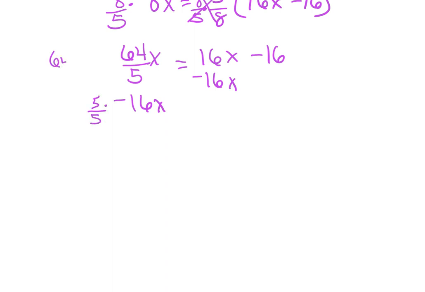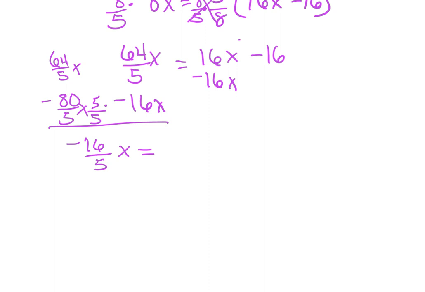So I'd have 64/5 x minus 5 times 16 is 80. So I have 80/5 x. So when I subtract those, I'm going to get a negative 80 minus 64 is 16/5 x equals, and then over here I still have my negative 16.